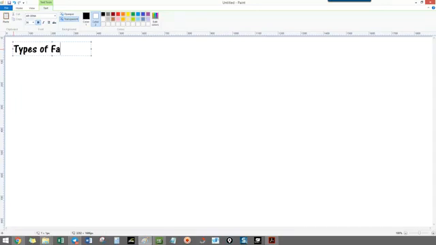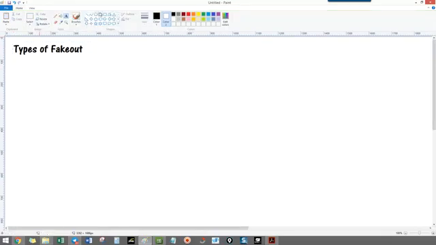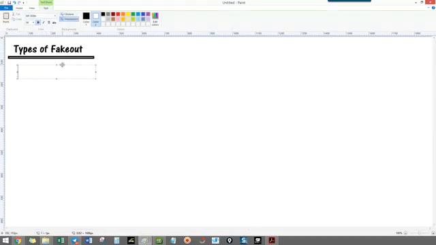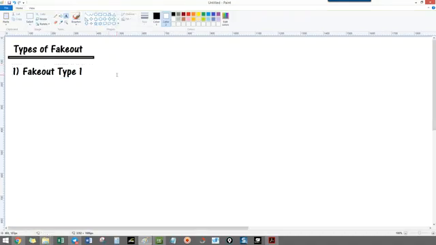Types of fake out. We will have 3 types of fake out. You already know a fake out is a fake breakout. Number 1, fake out type 1. For example, you have a QM here.